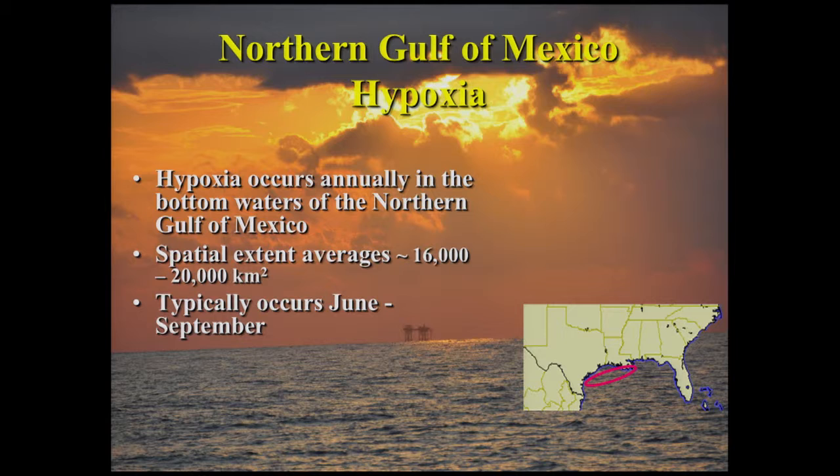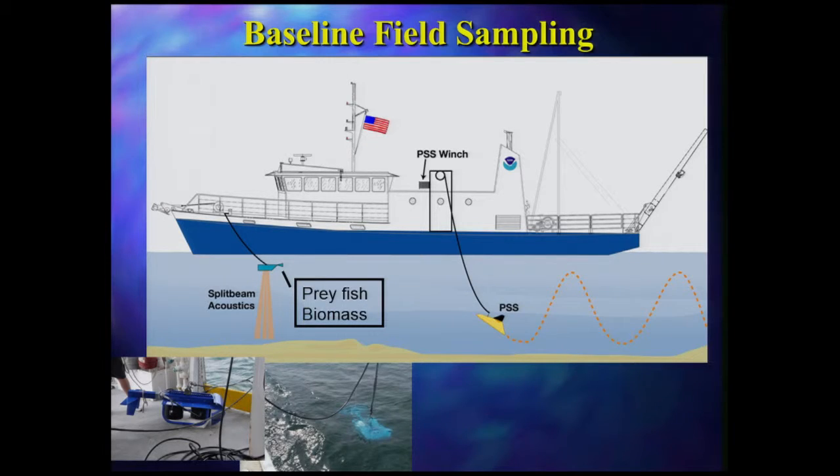So I'm going to move to the Gulf of Mexico to give you some other kinds of examples. And again, we all know the Gulf of Mexico has a dead zone, where the oxygen goes to zero, and we've been studying it by adding the food element to the species we're talking about. We're going to move now to the predators, but we're actually going to measure what food is available in the field.